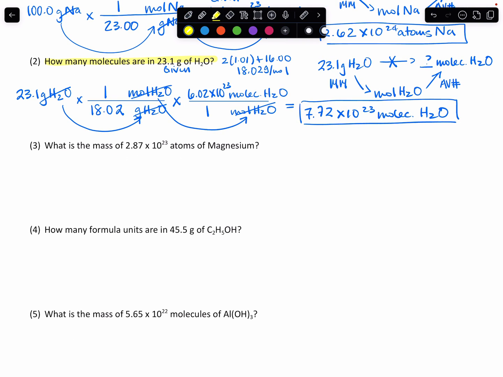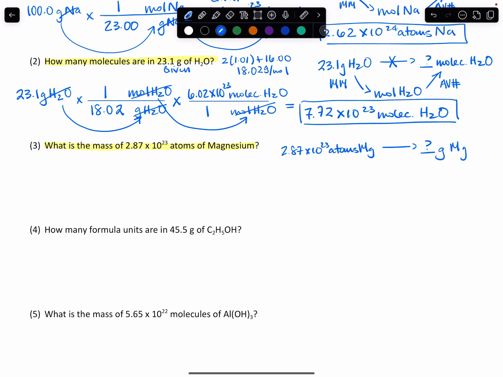Now let's try one where we want to know the mass when we're given the atoms. What is the mass of 2.87 times 10 to the 23rd atoms of magnesium? I have 2.87 times 10 to the 23rd atoms of Mg, and I'm asked for the mass in grams of Mg.